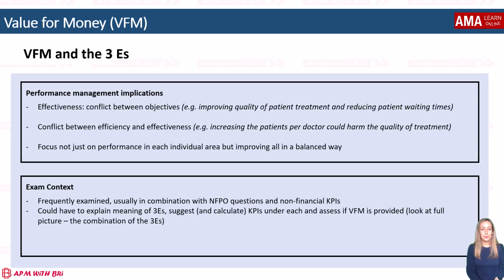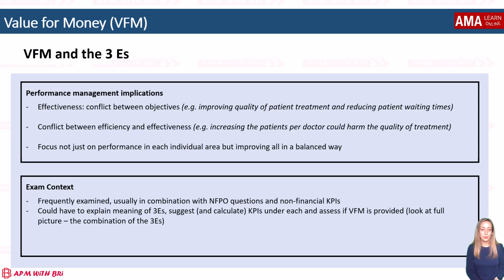And then you will have to suggest a justified key performance indicator under each of the 3 E's. Sometimes you might be asked to suggest up to 2, no more than 2. And then you have to assess whether the organization achieves value for money, whether it provides value for money or not.